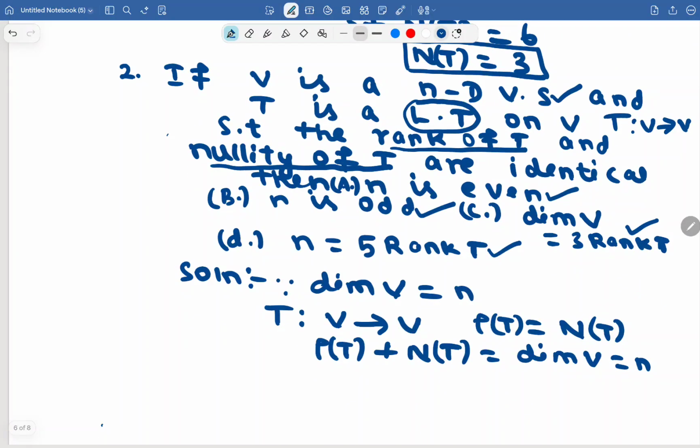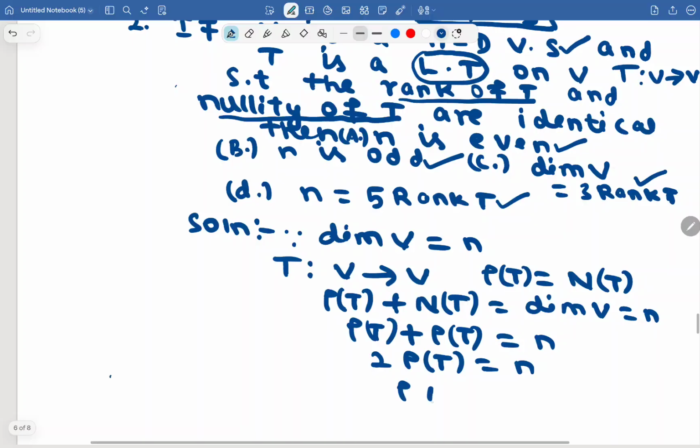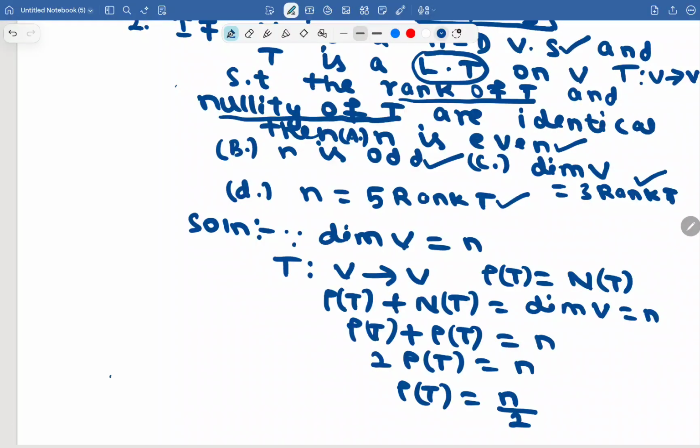Here rank of T is equal to nullity of T, so rank of T plus rank of T is n, 2 times rank of T is n, rank of T is equal to n by 2.